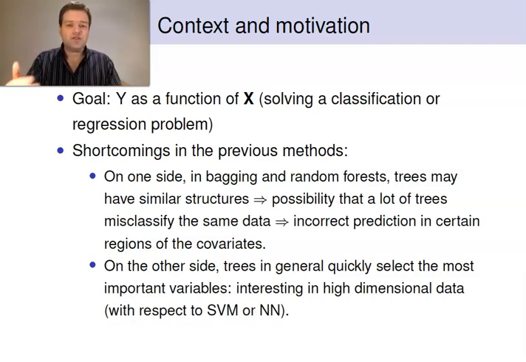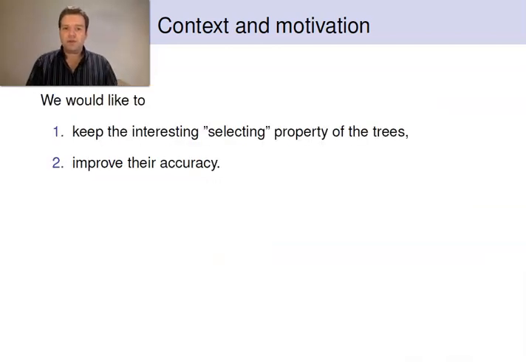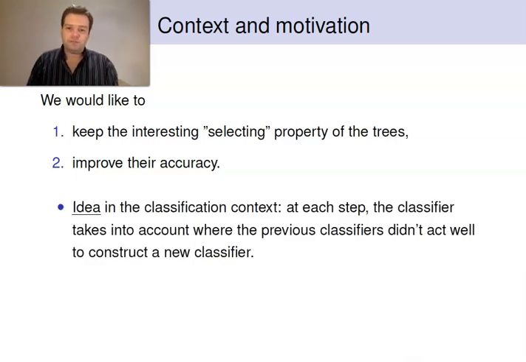They immediately select the most important ones, or we could think that these trees select the most important variables. It's very important for interpretation. It's very important in a high-dimensional problem to select the variables which are the most important ones. Therefore, what we would like to do is to keep this interesting property of selecting the good variables in trees. But we would like also, as I've just said, to improve the accuracy of these trees.